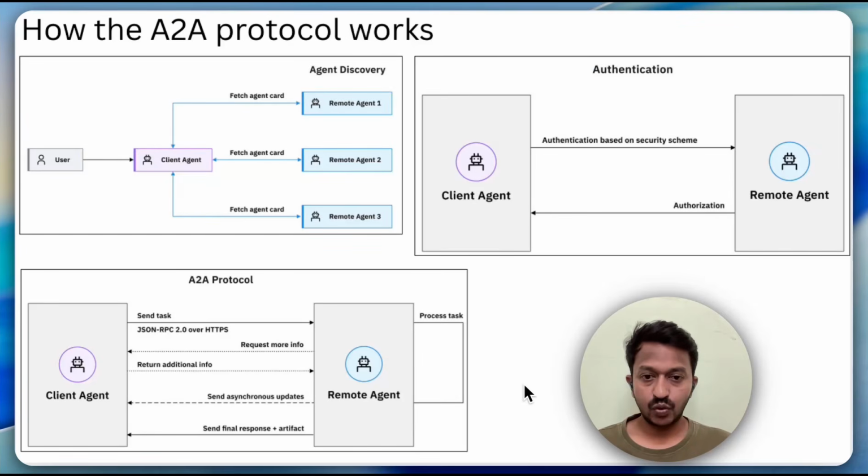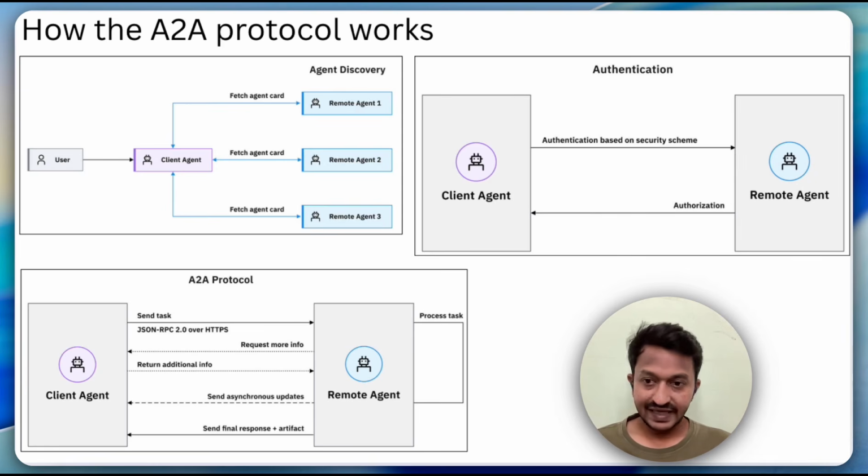So now we understood what is the A2A protocol and how it is different from MCP. Let's understand how the A2A protocol works through a simple workflow. As you can see in the diagram image, it all starts with agent discovery and then authentication, and then there is the A2A protocol. That is the sequence.